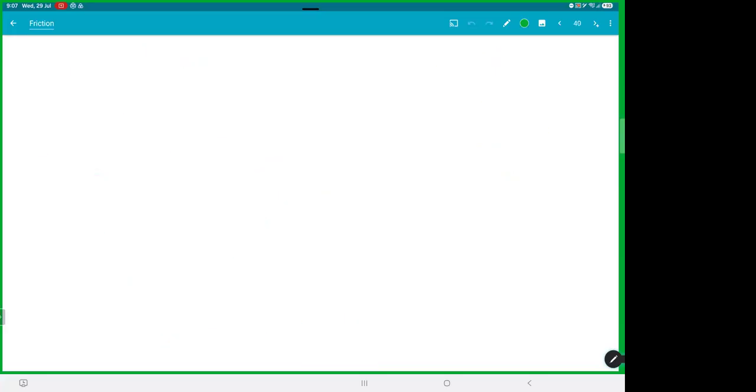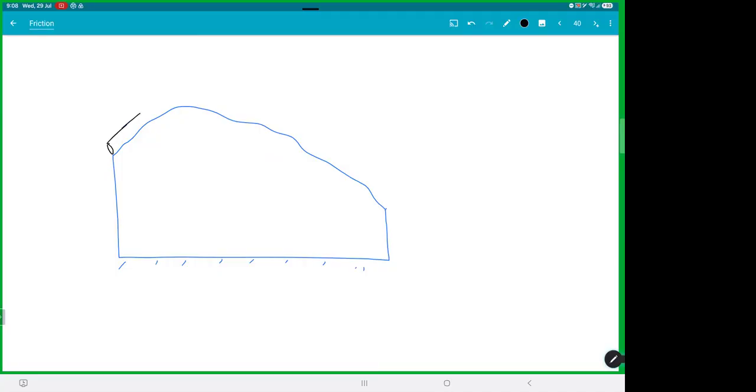So you can write it in a more generalized way. Let's say we have some weird surface like this, and let's say we have a rope here. Again, a uniform rope.